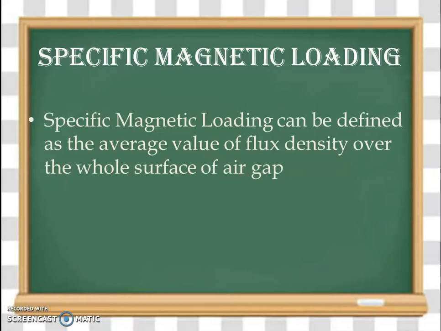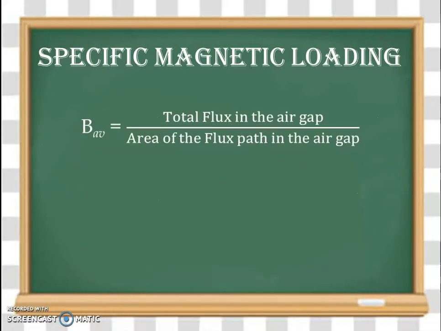So the total flux in the air gap divided by the area of the flux path in the air gap is known as the specific magnetic loading.